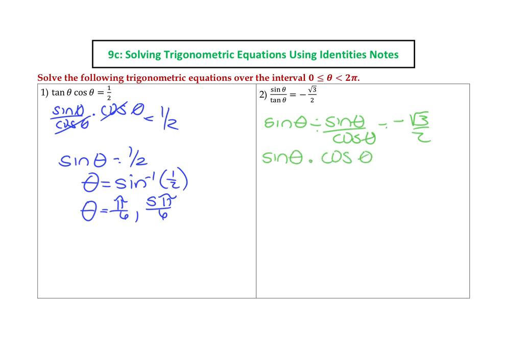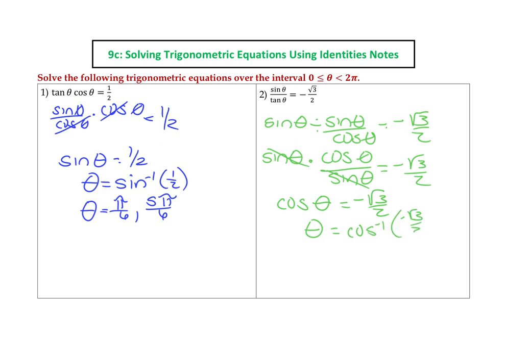So cosine theta over sine theta equals negative root 3 over 2. My sines factor out, so cosine theta equals negative root 3 over 2. Inverse both sides, and that's negative root 3 over 2.